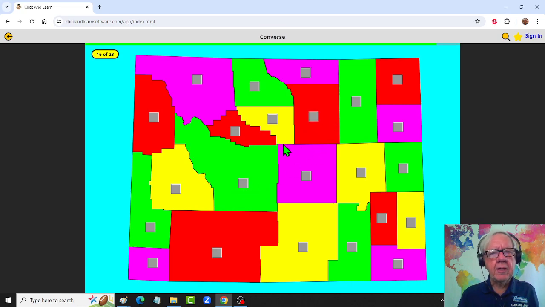Nope, that's not Washakie. I got that wrong. What was that? That was Johnson. This was Washakie, but it's asking for Converse. Platte. This is Park, this is Platte. Weston, correct. Carbon, correct. Park, right. Laramie. Bighorn.